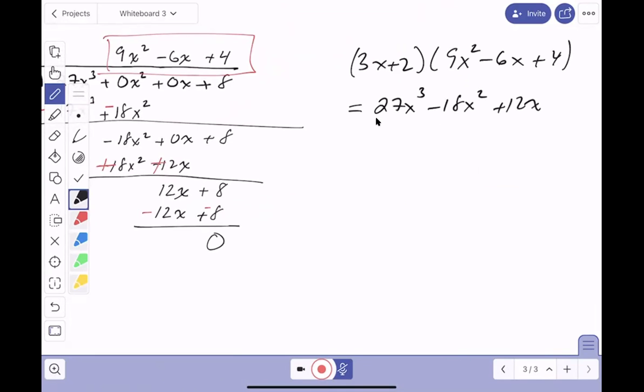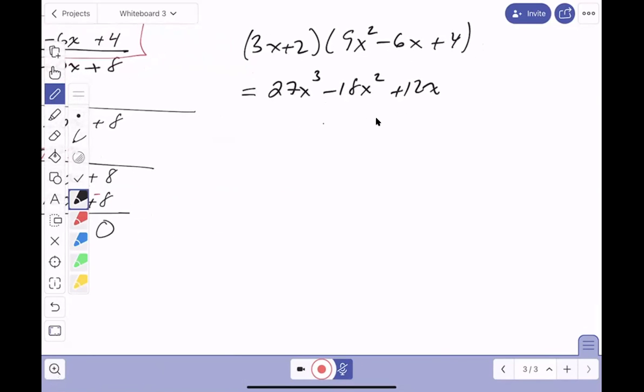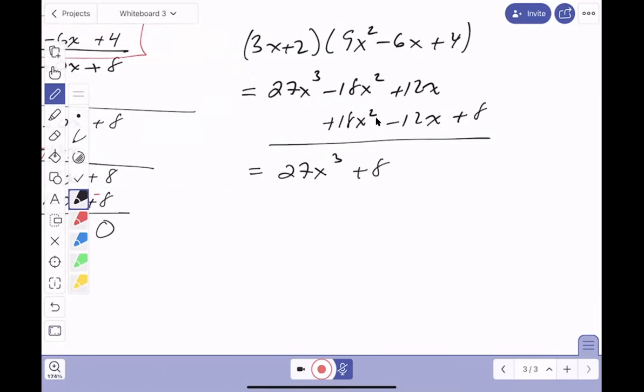What do I do? I distribute the 3x across those 3 terms. Now you're going to do the 2. What do you get? Plus 18x squared. Let's see, minus 12x plus 8. A little bar goes down, combine like terms, 27x cubed, 18x squared disappears, the 12x disappears, plus 8.